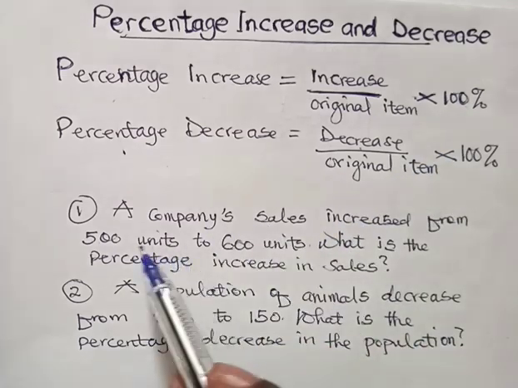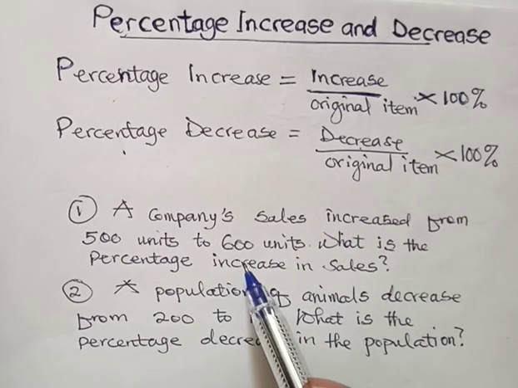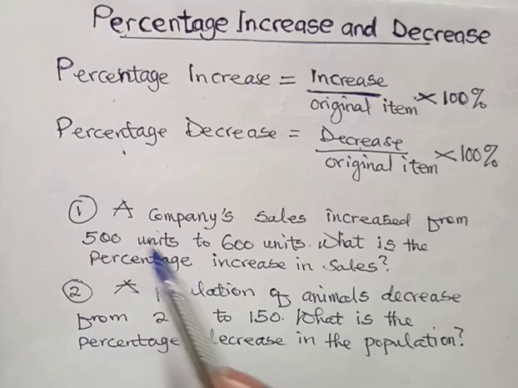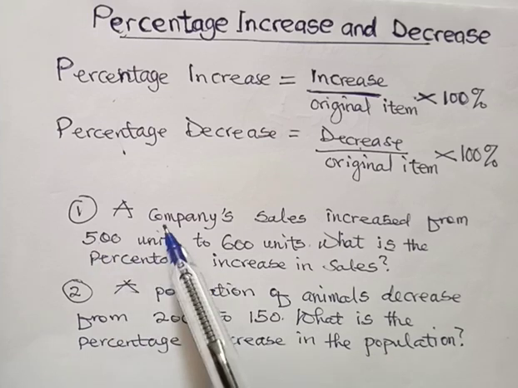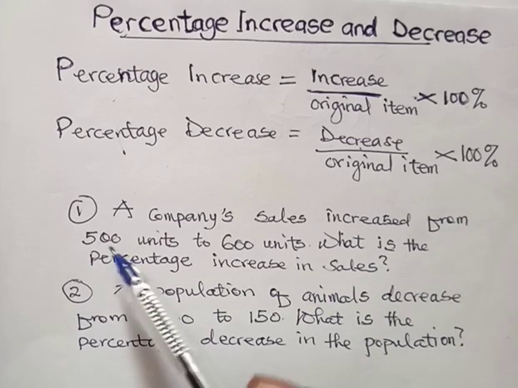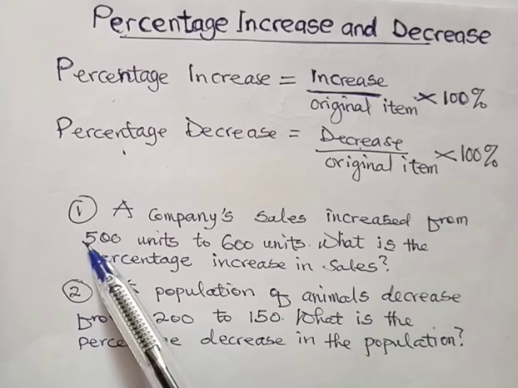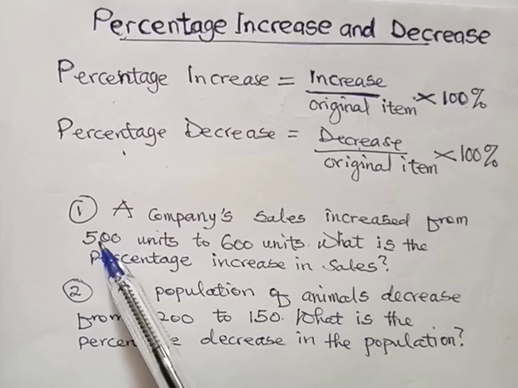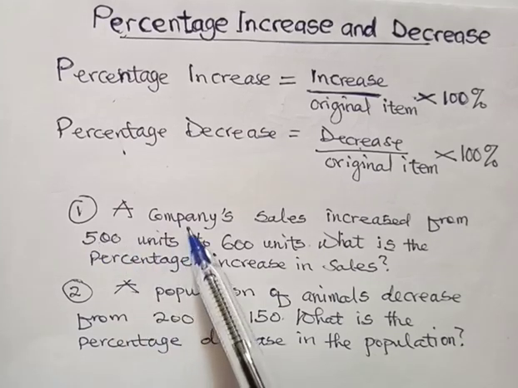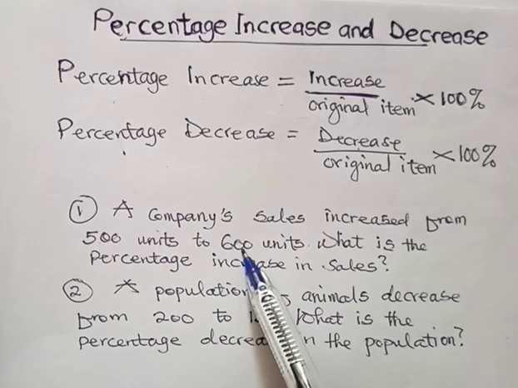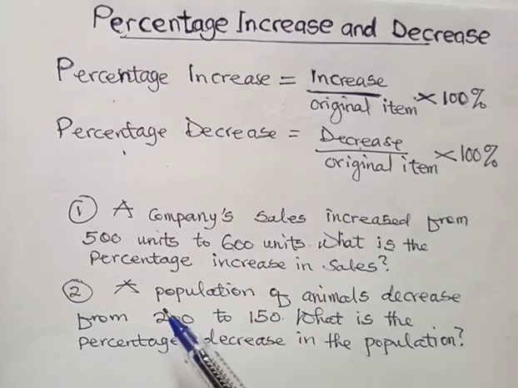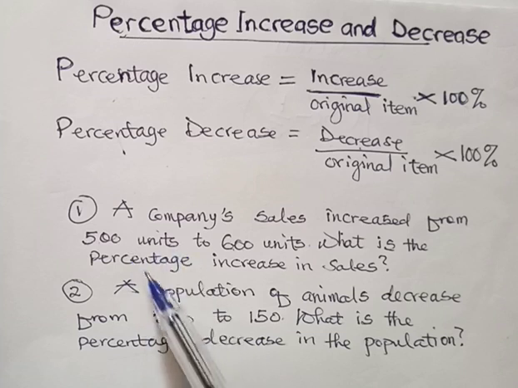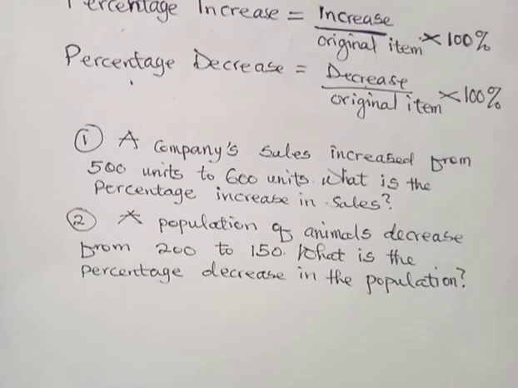Great. And this one, you have to know the original unit. Looking at this, it says it has been increased from this, so it means the original value was 500, and an amount has been added to get 600. So you need to know your original value or item. Then you need to know the difference. Great.